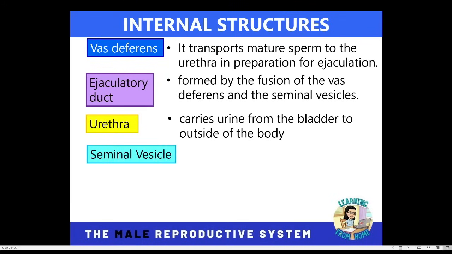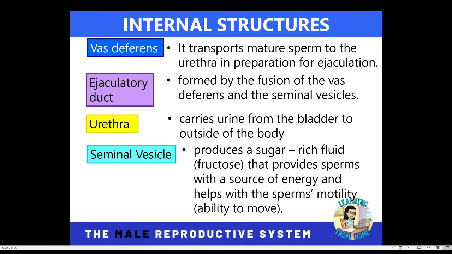Next would be the seminal vesicle. This is the first of the three important small glands found inside the male reproductive system. So ano ba yung tatlo na yon? We have the seminal vesicle, we have the prostate gland, and we have the Cowper's gland or the bulbourethral gland. The function of the seminal vesicle is to produce fructose.